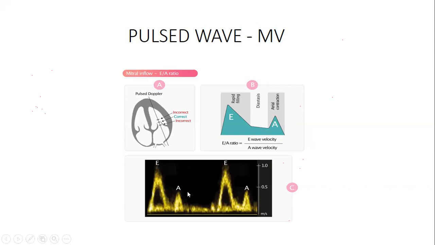We only see on echo 2, the early phase or rapid filling, and the atrial kick. So the E, you pick it when blood has rapidly filled the left ventricle.